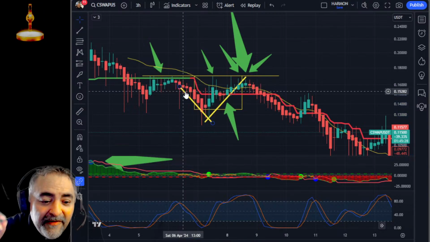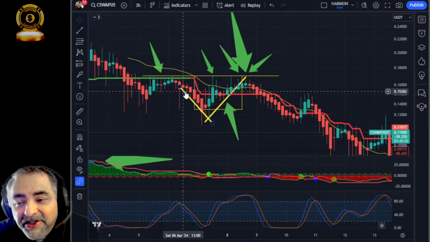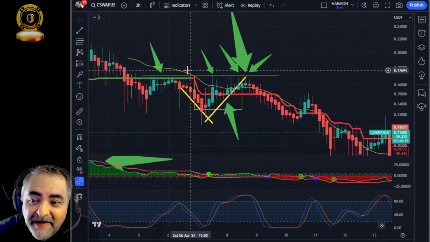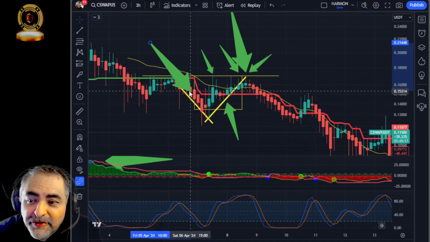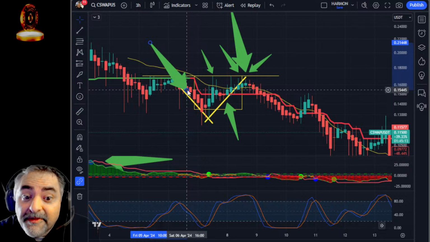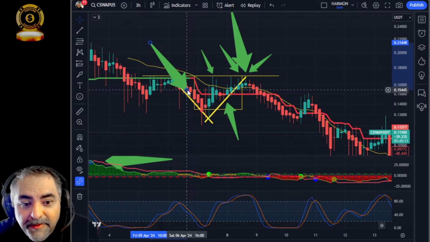What you have to remember is that when you take the first entry, which is this entry here, there's going to be a bounce, there's going to be a retracement, right? There's going to be a retest.